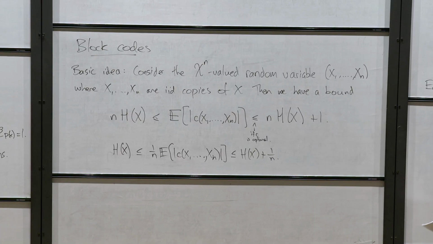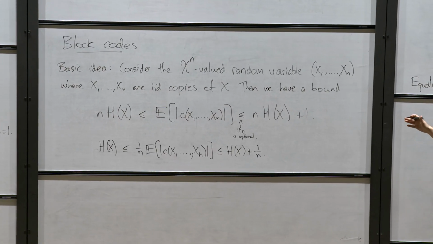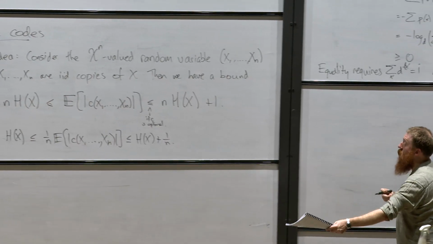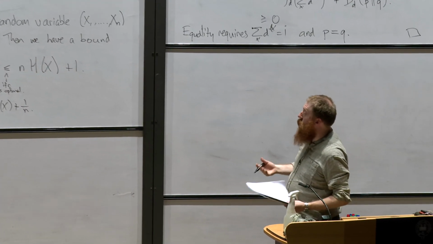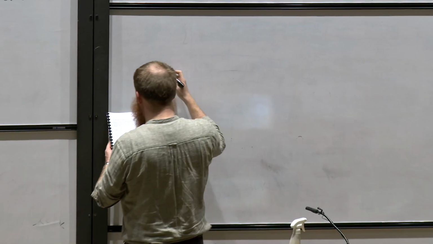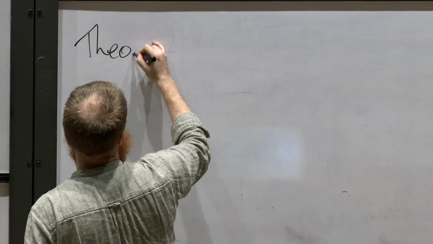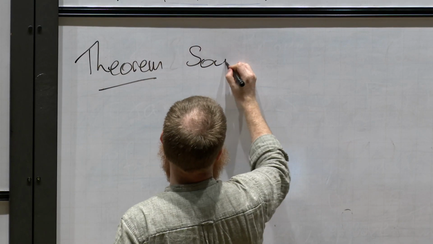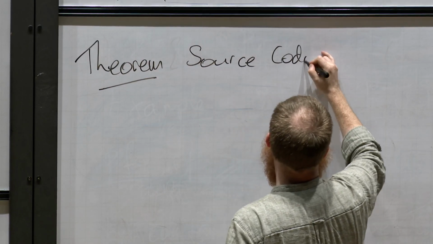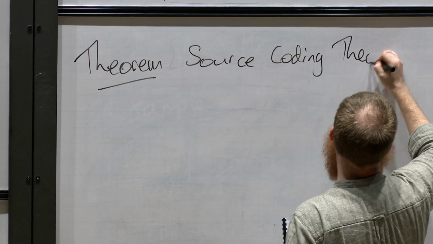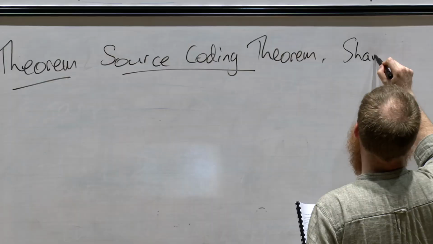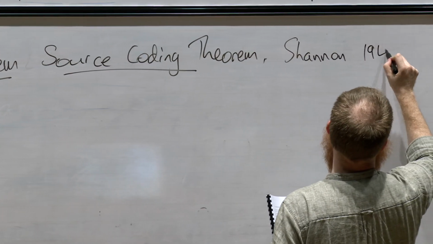Okay, so let's try and do this a little bit more concretely. If we formalize this, we could make a proof. But let's try and do this in a more concrete way using the AEP. Okay, so this is the source coding theorem, which is Shannon 1948.